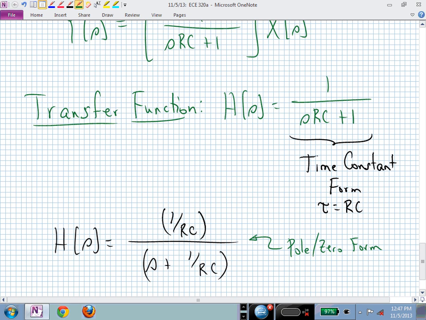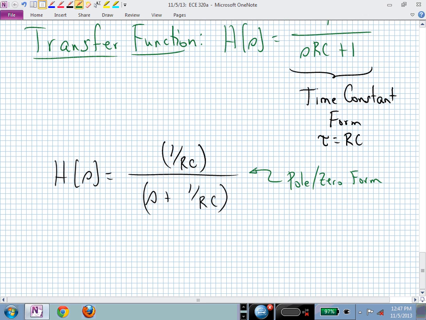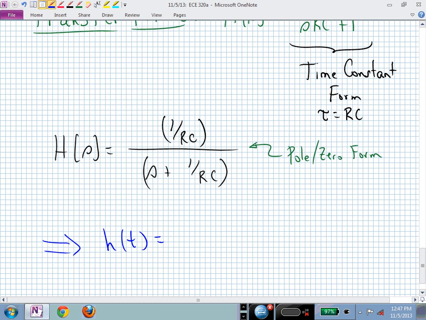So now that we have H of S, if I said, can you inverse Laplace transform capital H of S and give me a little h of t, what would that be? Is that okay?